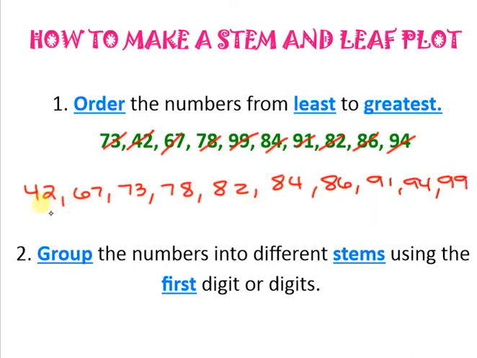Okay, so you should have 42, 67, 73, 78, 82, 84, 86, 91, 94, and 99.